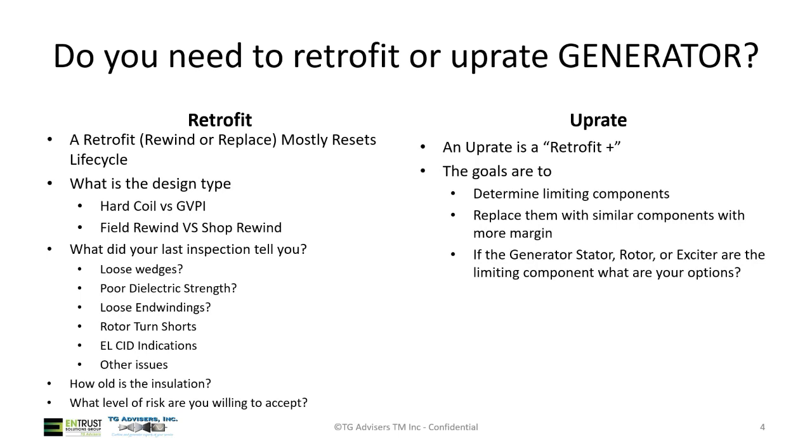So for that, what's the first thing you think about? Do you have hard coils or a GVPI design? That'll kind of dictate the scale of what you're looking at doing.